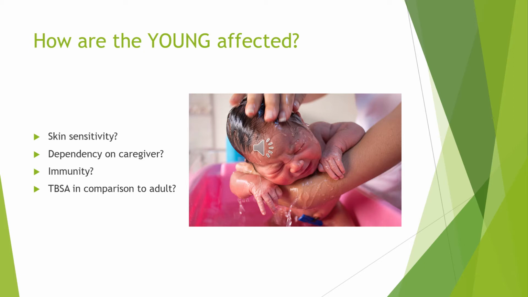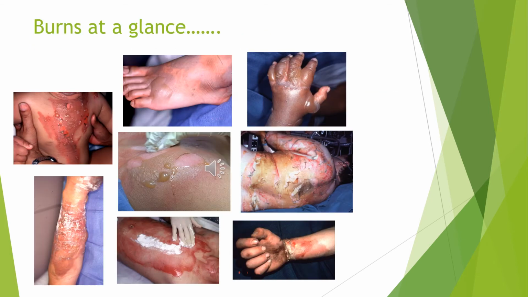And if you think about it, they have a total body surface area that is much smaller than the adults. So if they're exposed to something, they are much greater at chance for burning a larger area of their body. So those are the things that affect the very young.